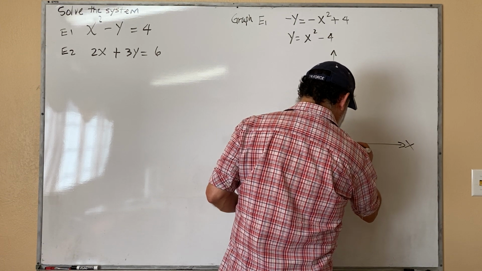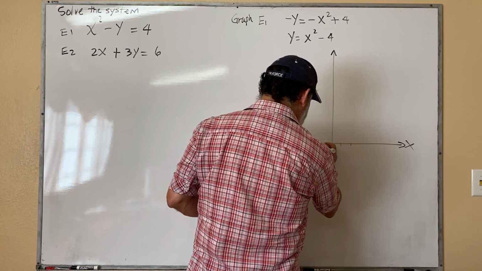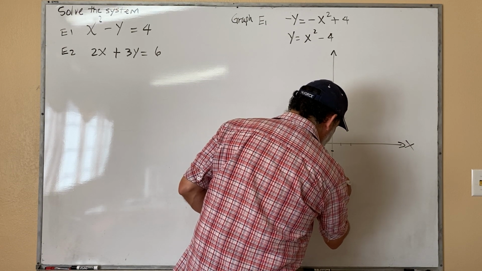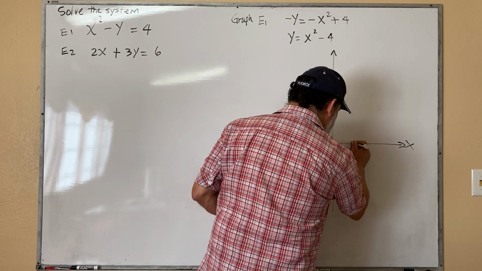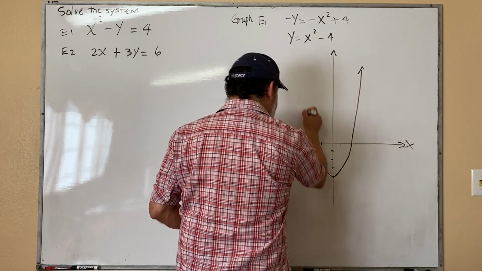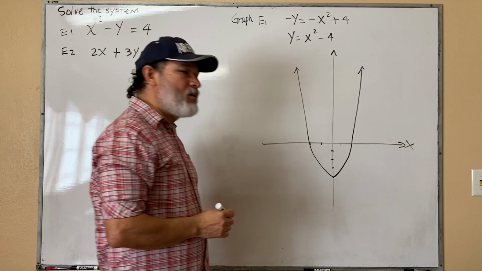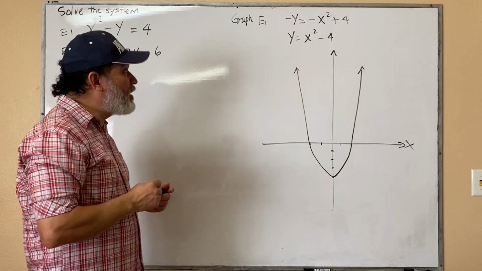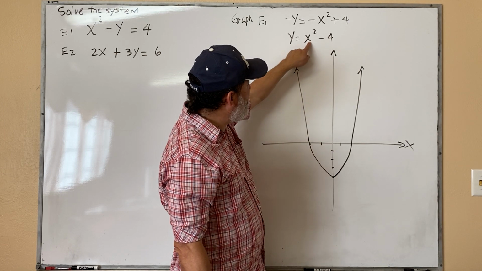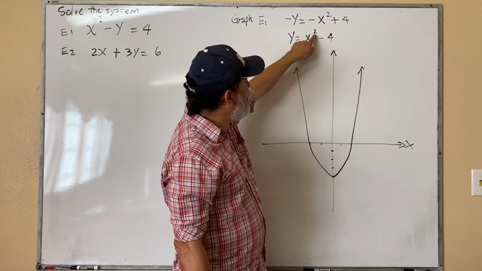Points 1 and 2, negative 1, negative 2, and it passes through those 2 points. There you go. If you don't believe me, plug into there. What's 2 squared? 4.